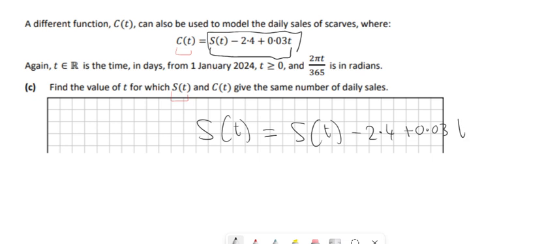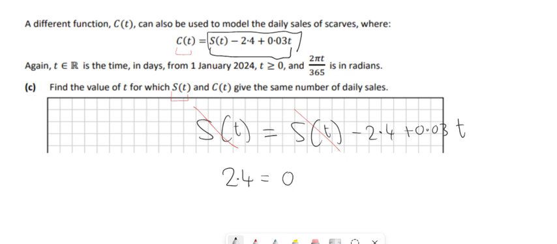t. If you think about it, you've just got an S of t on both sides, so it's like algebra, you just have 1 on both sides. If you bring 1 over and subtract it, they subtract. So if I bring the minus 2.4 over, then it becomes 2.4 on that side.